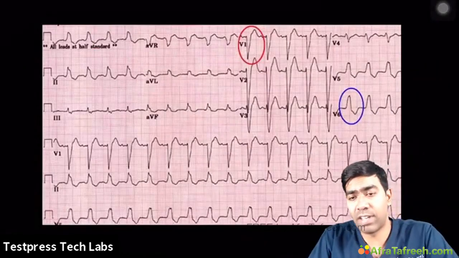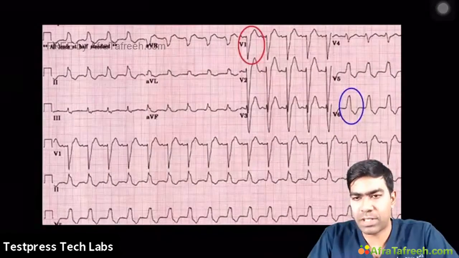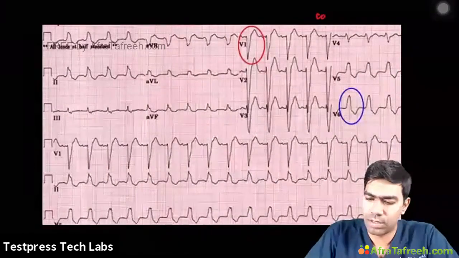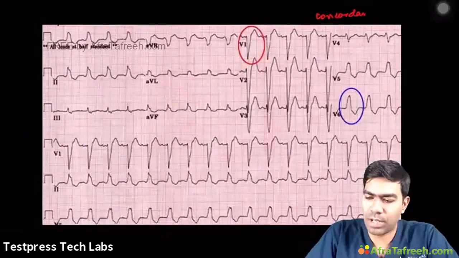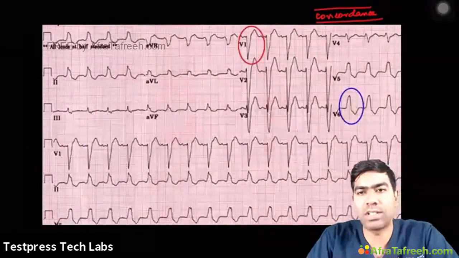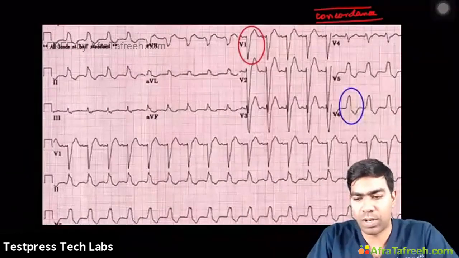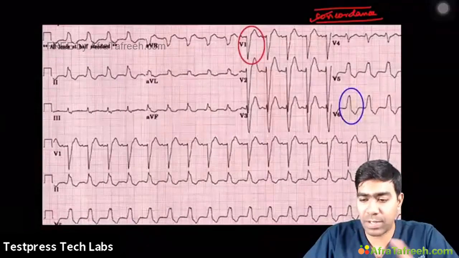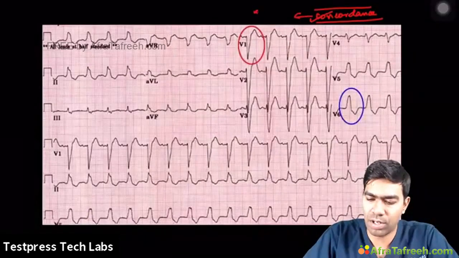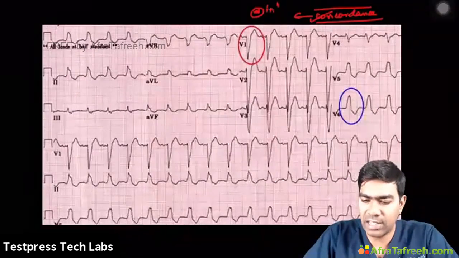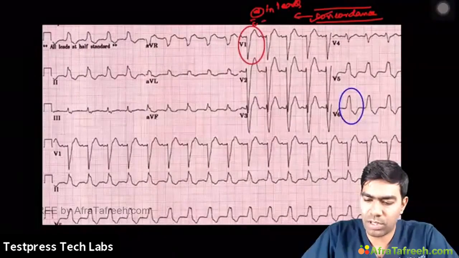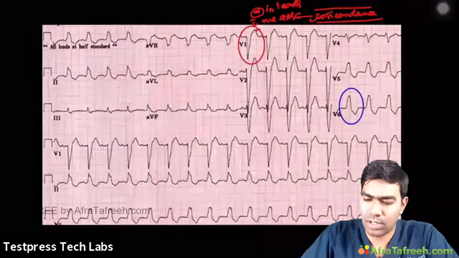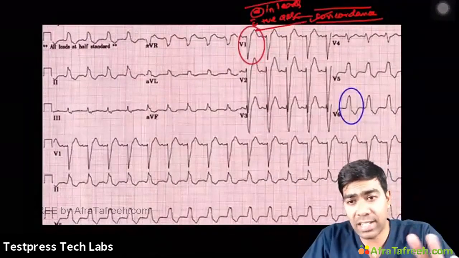Sgarbossa criteria is very, very valuable, especially when you have concordance. What do I mean by concordance? It means that discordance is lost. So number one, if you lose that discordance and develop concordance, especially in leads with a positive QRS complex, it has the highest value.